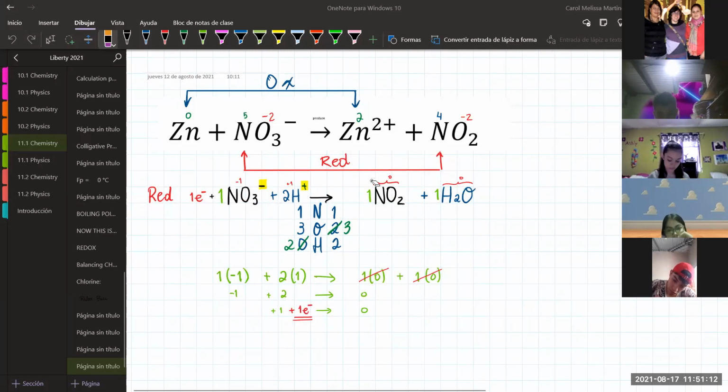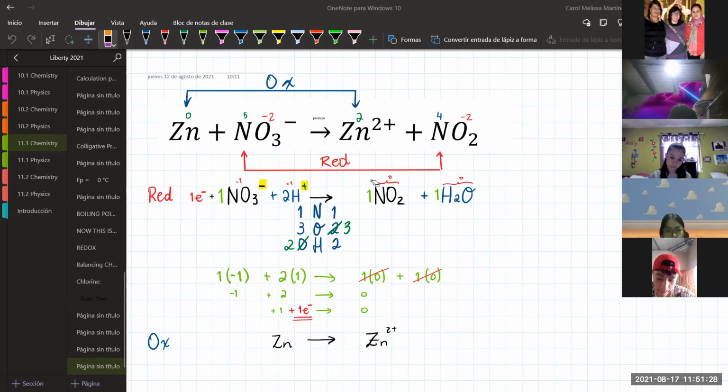Now, I will focus on oxidation. In oxidation, I have just zinc in the reactants and zinc 2 plus in the products. As you can see, the number of atoms is already balanced because you have 1 zinc on each side of the equation.